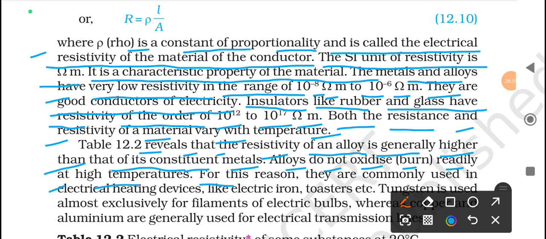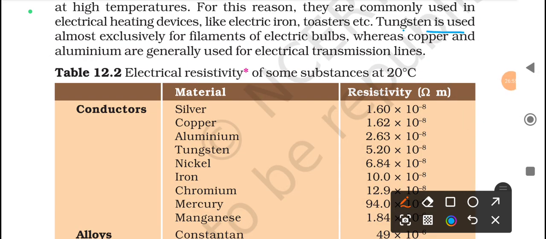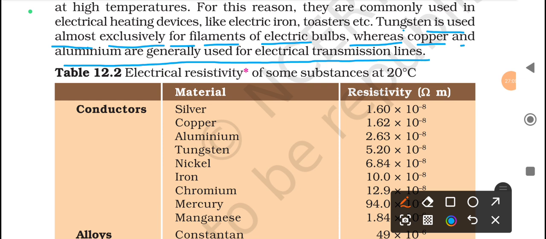Alloys do not oxidize or burn readily at high temperatures. For this reason, they are commonly used in electrical heating devices like electric irons, toasters, etc. Tungsten is used almost exclusively for filaments of electric bulbs, whereas copper and aluminum are generally used for electrical transmission lines.